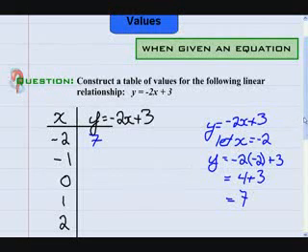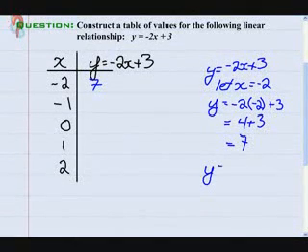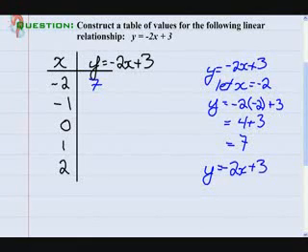And I'll do the same for the next value. So the algebraic equation is y equals -2x plus 3. And to find the corresponding y value when x is -1, I'm going to let x equal -1 in my algebraic equation.